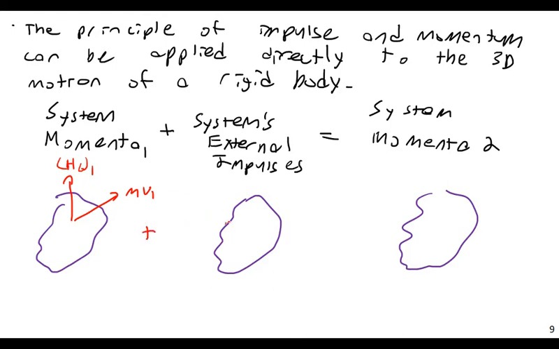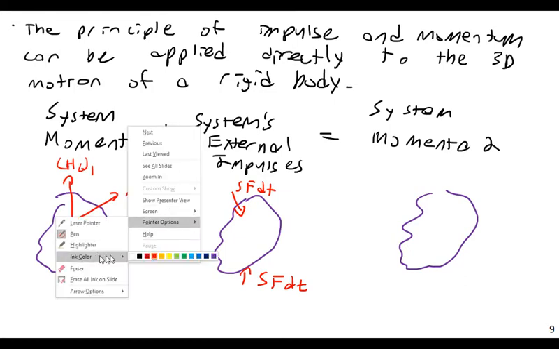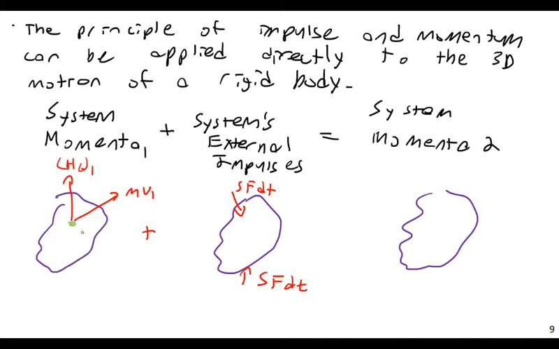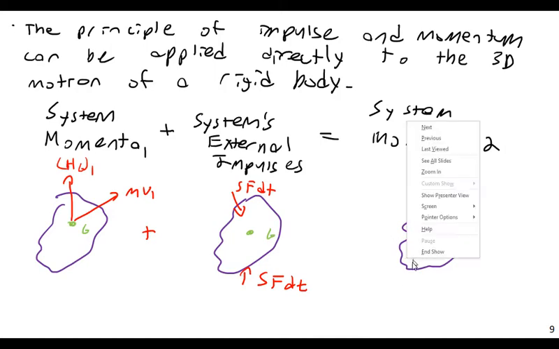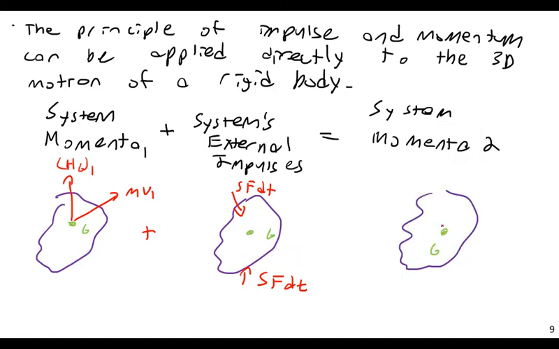Then to it I apply a series of integrals of F dt, some other integral of F dt, force integrated with time. And the same G all the way through here. Let me draw that out. And then when this is said and done, you'll have some final momenta, both a final angular and a final linear momentum.